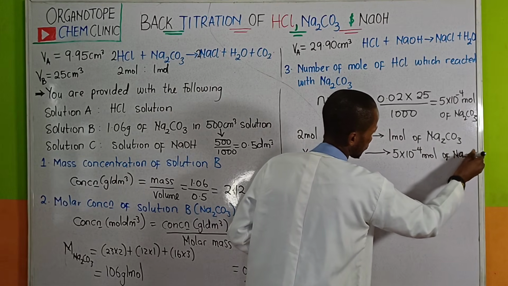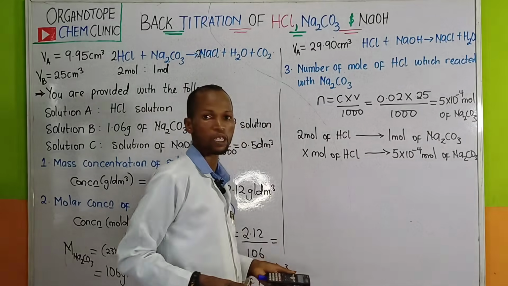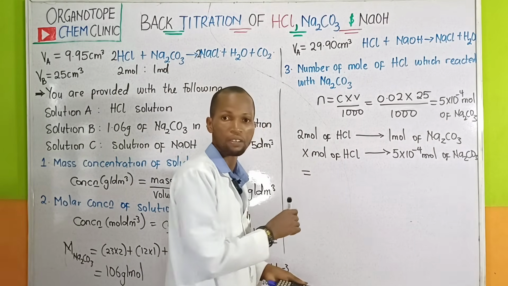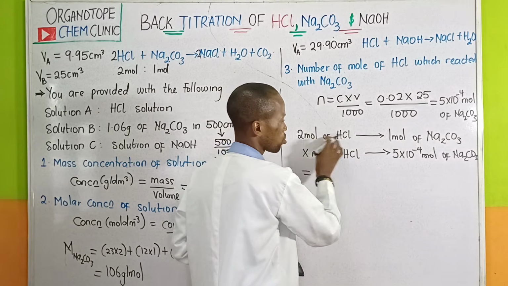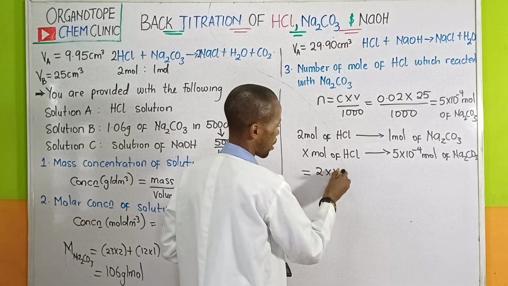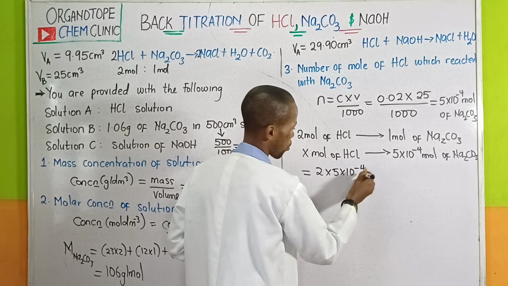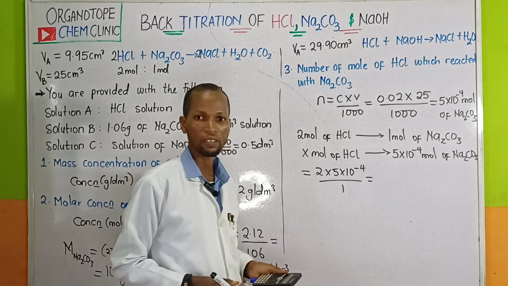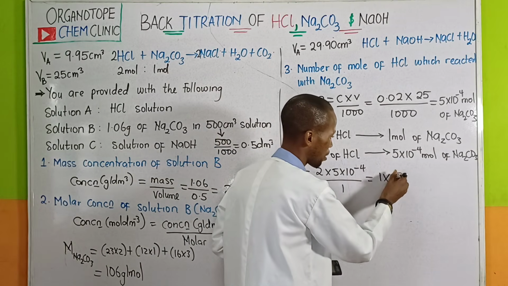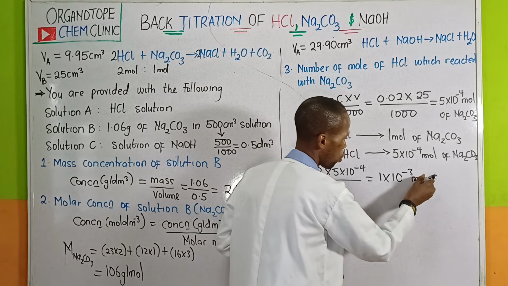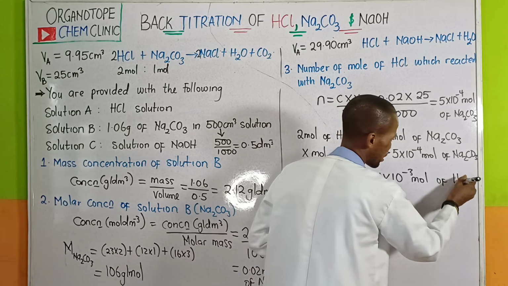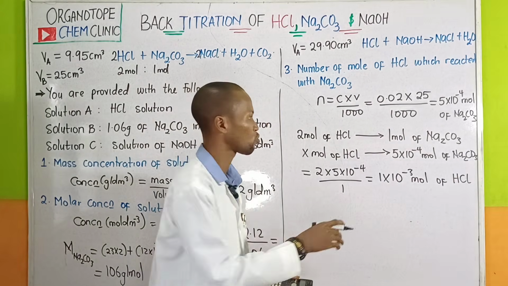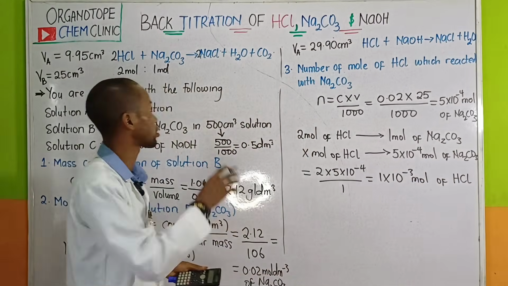Sodium carbonate. So by the time you cross multiply, the number of mole of the hydrochloric acid will be 2 times 5 times 10 raised to the power minus 4 divided by 1. When we multiply this by 2, what do we have? That's right, we have 1 times 10 raised to the power minus 3 mole of what? HCl. So this is the amount in mole of hydrochloric acid that reacted with sodium carbonate in the first titration.